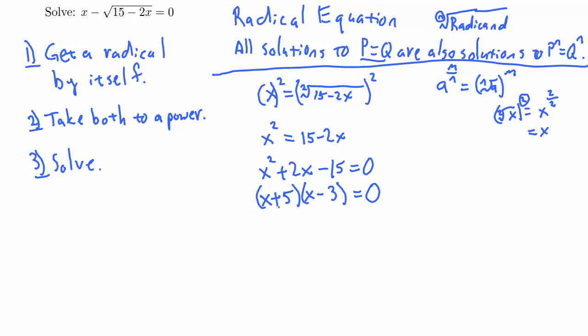Now I'm going to use the zero factor property, which means that x plus 5 equals 0, or x minus 3 equals 0. Subtract 5 from both sides, so x equals negative 5. Add 3 to both sides, so x equals 3.